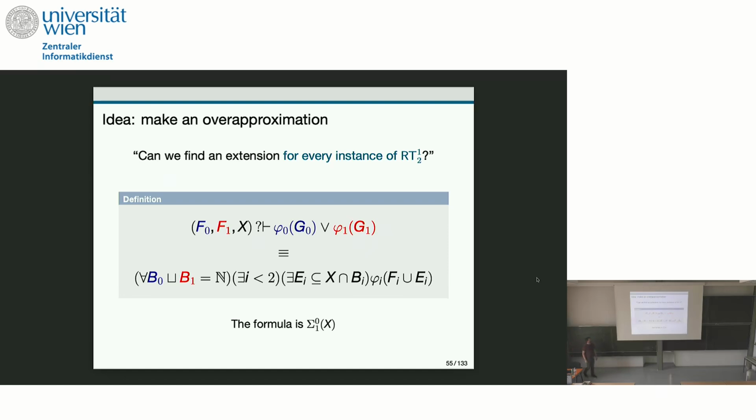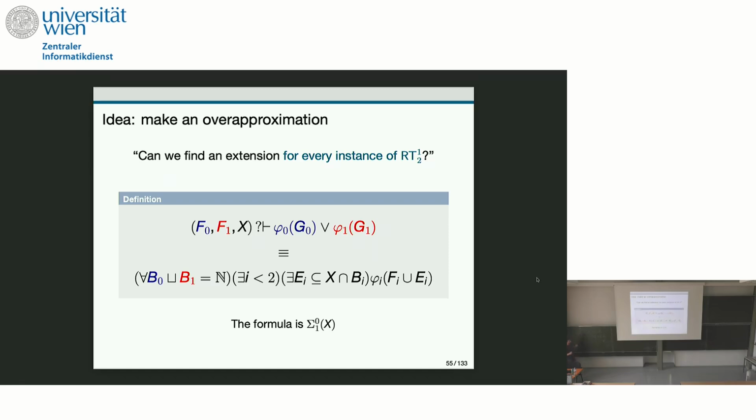So why is it equivalent? First of all, if this holds, it should be clear that this holds as well. The less trivial part is, if it does not hold, why does this not hold? Suppose this does not hold, then it means that for every length, you can find a 2 partition of this length so that you have the negation of this.